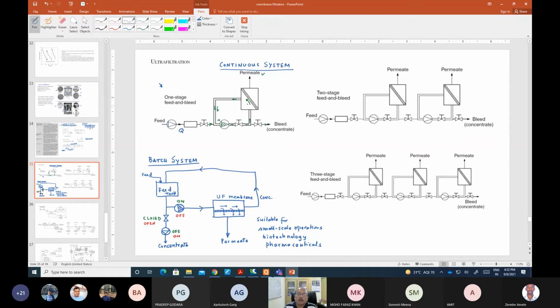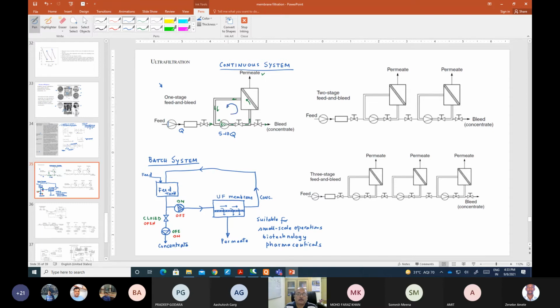Now normally the amount of water that will be recirculated in this will be 5 to 10 times higher than the feed, 5 to 10 times of Q. So that will be the recirculation.